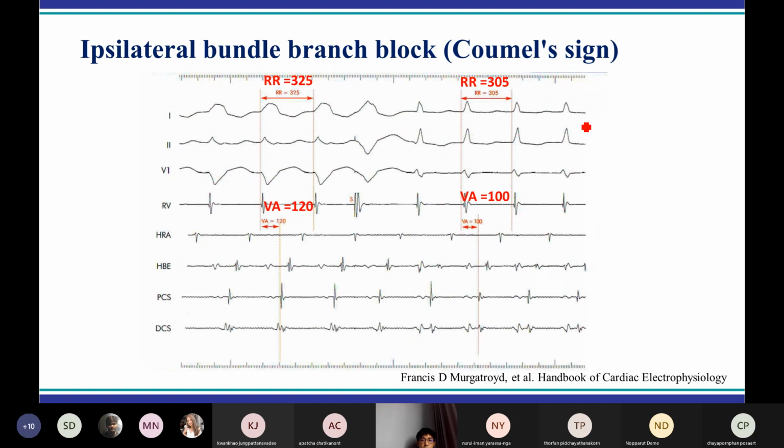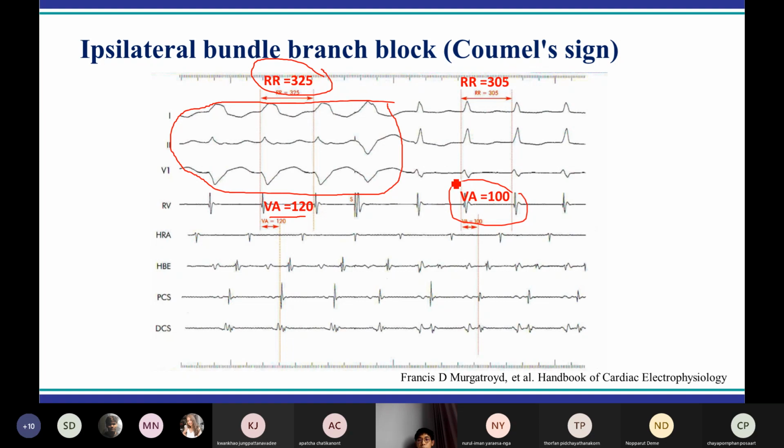Different from this slide, you can see that there is a left bundle branch block here during the tachycardia. The VA interval is 120 milliseconds. The RR interval is 325 milliseconds. And after the bundle branch block disappears, the VA is shorter.